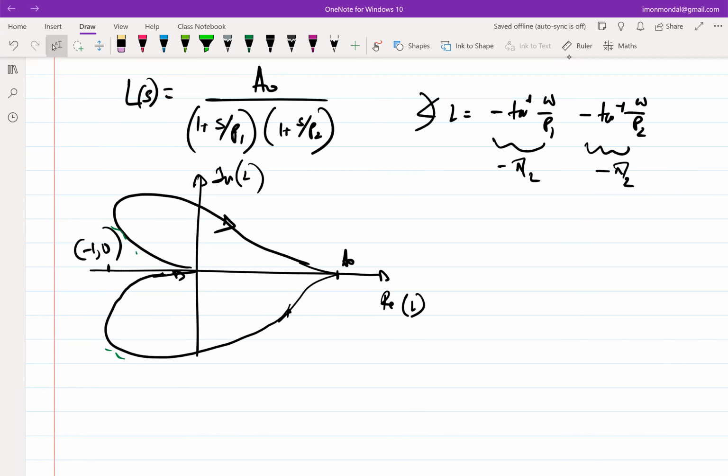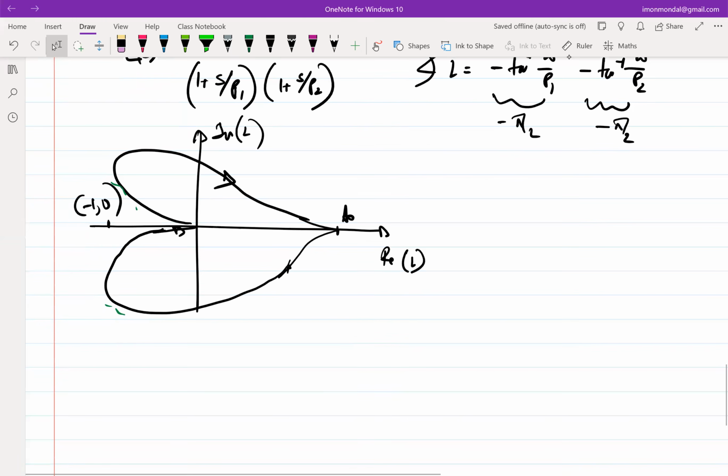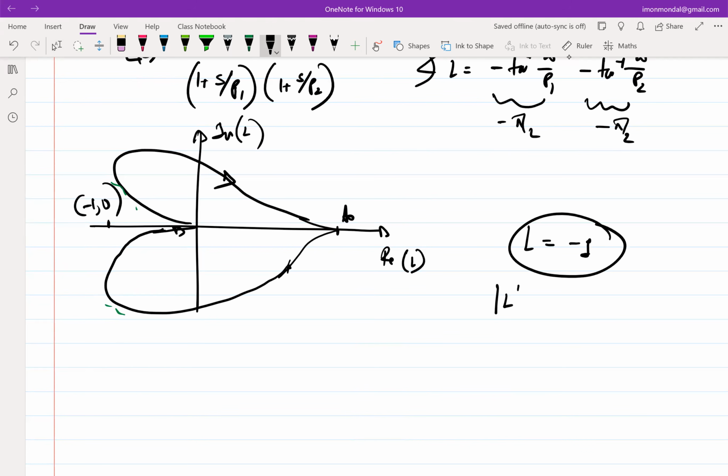Okay. So now what is the margin that we are interested in? The margin that we are interested in is the following. The problem is the L equal to -1 point, right? This is the problem. Okay. So at L equal to -1, I'm interested in the point where mod of L is equal to 1, right? And we are trying to figure out what the angle is, right? If you are cutting that -1 point, or you are touching that -1 point, then you have a problem.